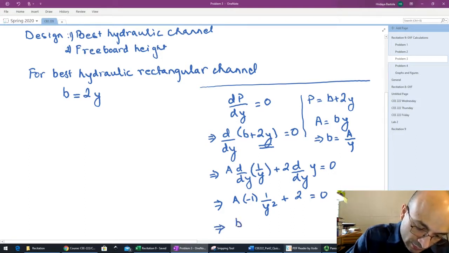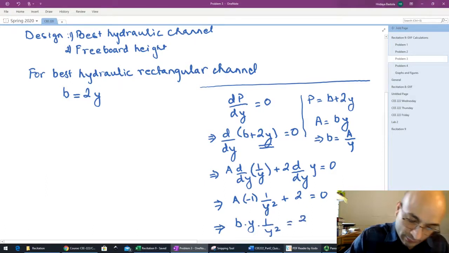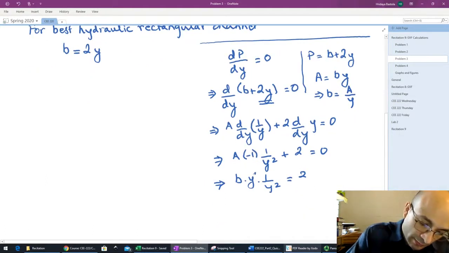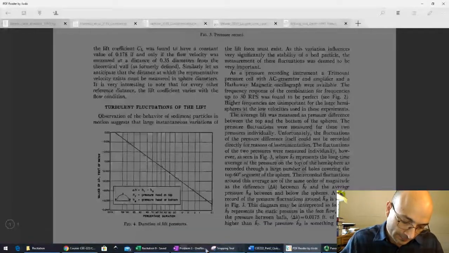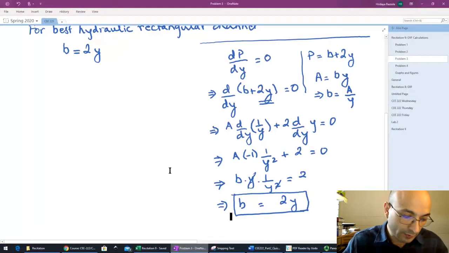Area is b times y. So it's minus here, so let's take it on the other side, so it's positive. by over y squared equals 2. Y cancels one of the y in the denominator, and that gives you b equals 2y. You can do the same for any other channel shape.